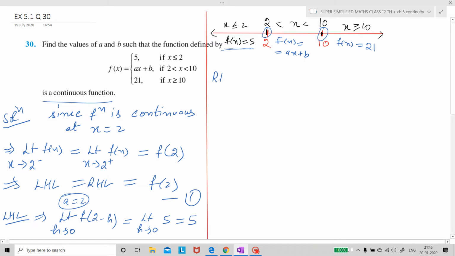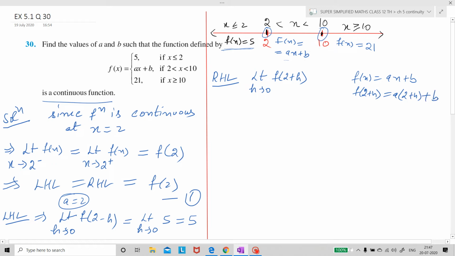Now we are going to find the right hand limit of the function at the point 2. That means the limit as h tends to 0 of f(2 plus h). Now you can see in this figure that on the right hand side of 2, that is for x more than 2, the function is ax plus b. So f(x) should be ax plus b. Now what should f(2 plus h) be? f(2 plus h) should be a times (2 plus h) plus b.